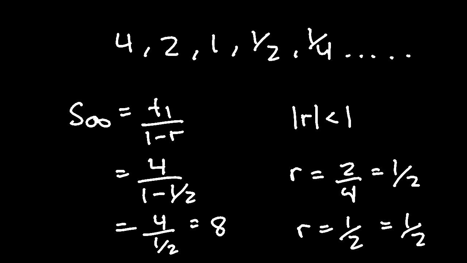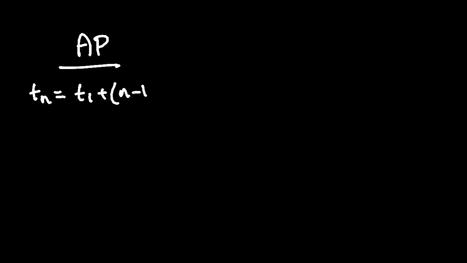And so, with that being said, let's do a review of all the formulas we've covered so far. So for arithmetic progressions or arithmetic sequences, we have the formula Tn equals T1 plus (n minus 1) times d.